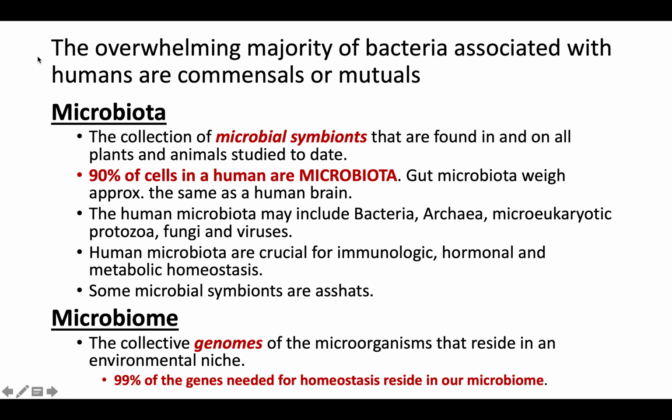Anyhow, we have found that our microbiota is very important and crucial for our immune system, for the production of hormones, and also the metabolites they make keep us in homeostasis. Of course, some of those microbes are also those parasites, and those are the pathogens that I'll be talking about later in this slideshow.